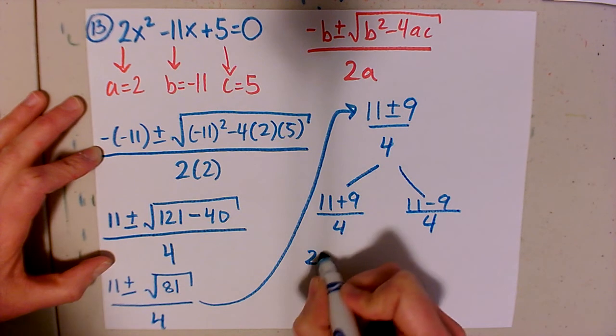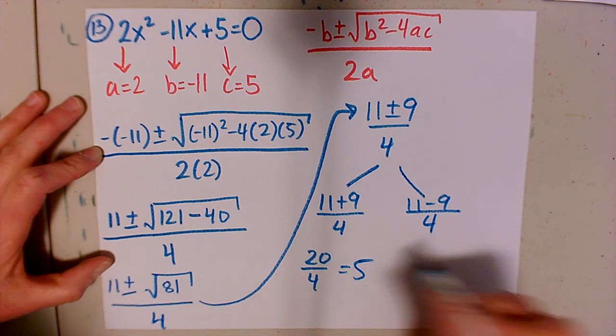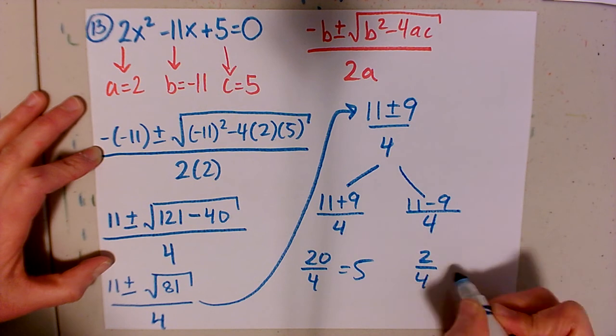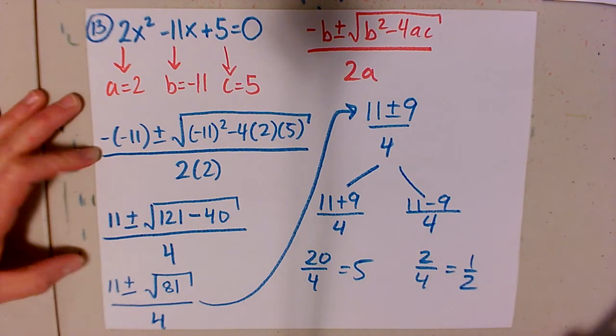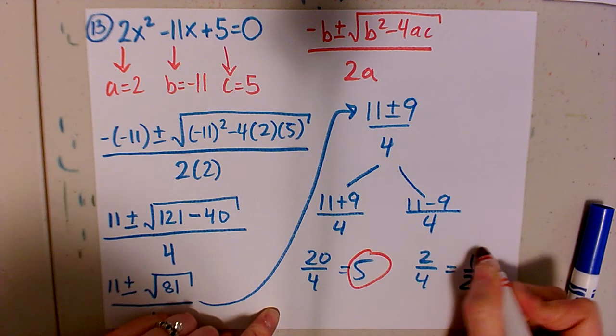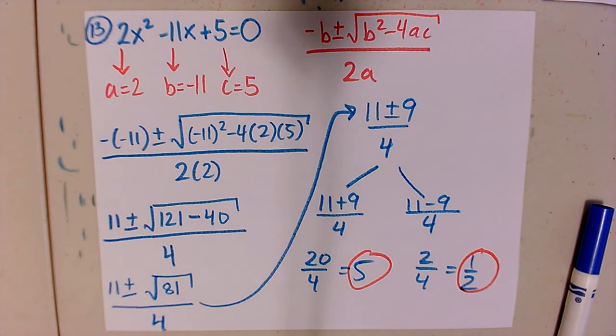So 11 plus 9 is 20, so that's 5, and then 11 minus 9 is 2, so that's 1/2. So your answers for number 13 are 5 and 1/2. Alright, and then we'll check out number 14.